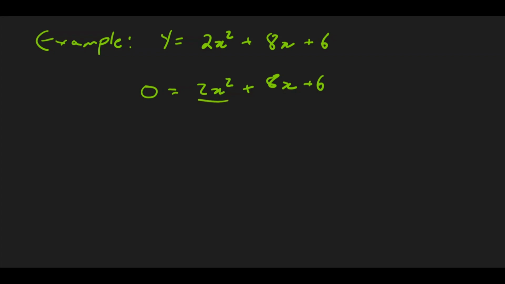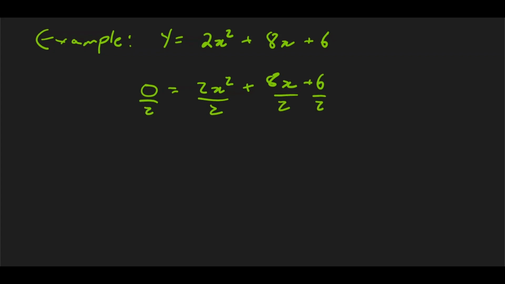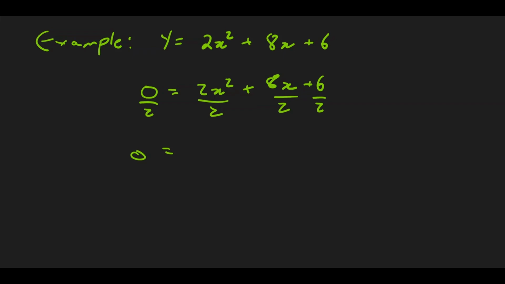So we can divide everything by 2 to get them to cancel out. So 0 divided by 2 is just 0. This should always be 0, right? Because 0 divided by anything is still 0. These 2's just cancel out. Plus 4x plus 3. And what we can do is subtract 3 from both sides just to isolate those x's that little bit more.